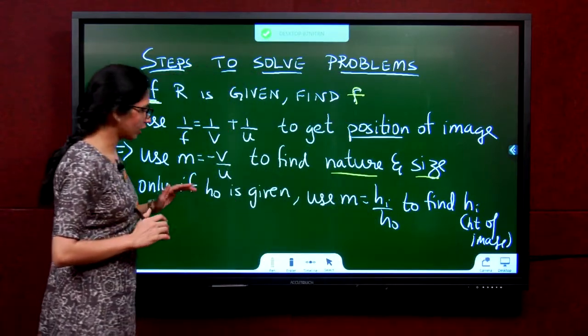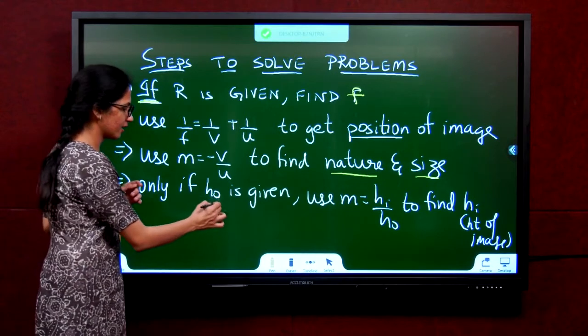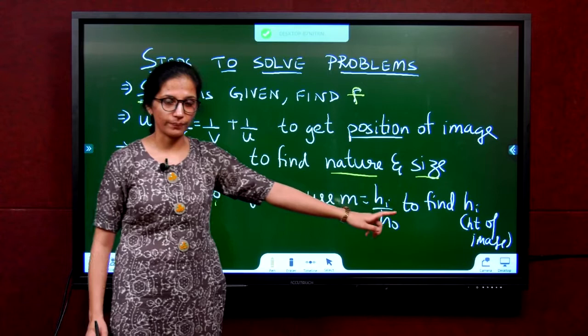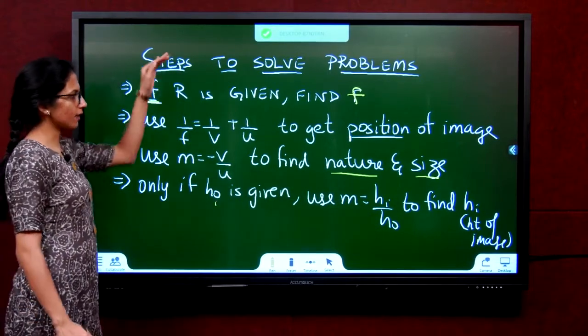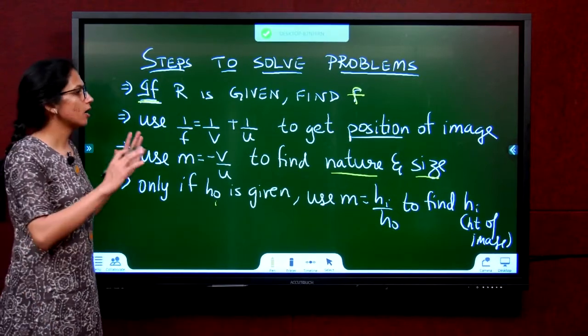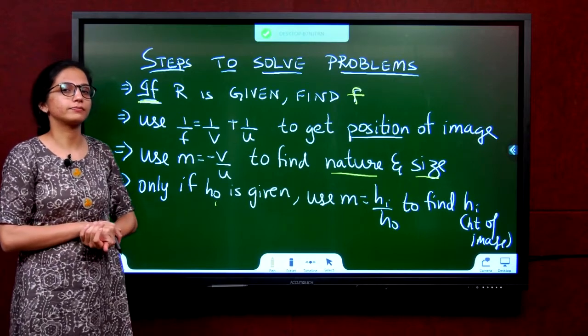If h naught is not given, please skip the last step. H naught or hi, anything. It is interchangeable. If h naught is given, find hi. If hi is given, find h naught. So one of the h's is given, you will use the last step. Otherwise, this is the process we will follow from now on. I will be following this in the problems. Neatly, we will do step by step, and let's see how it goes.